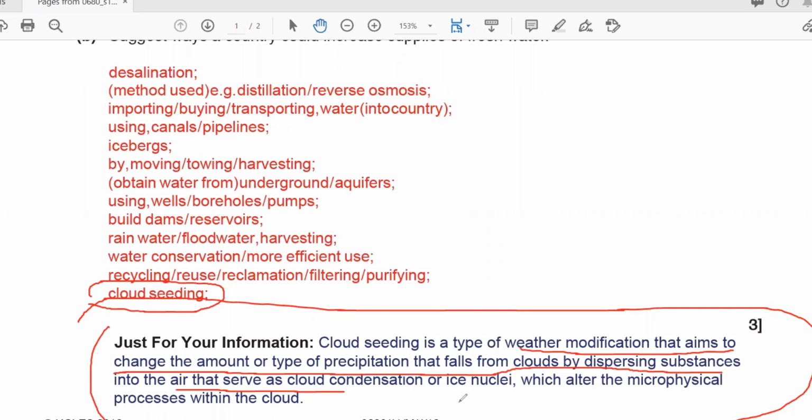In Dubai, the UAE has already experimented, and also Saudi Arabia. So, artificial rain.